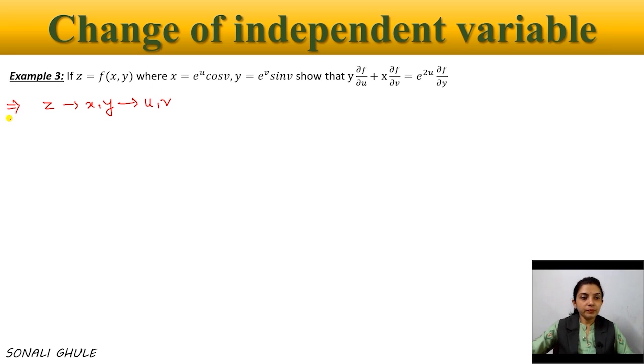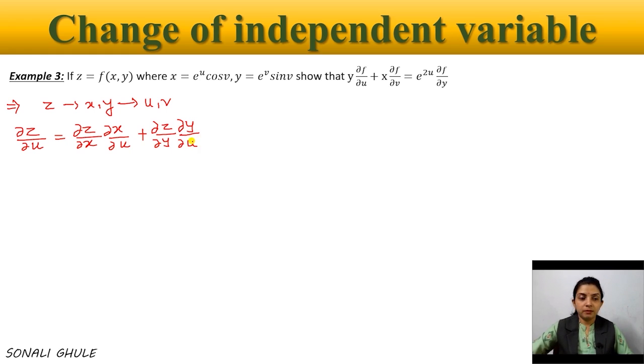Okay. So then z with respect to u is equals to, okay, I can't directly find a derivative, so I have to first find z with respect to x, then x with respect to u, right? Z with respect to x, then x with respect to u, plus now z with respect to y and y with respect to u.